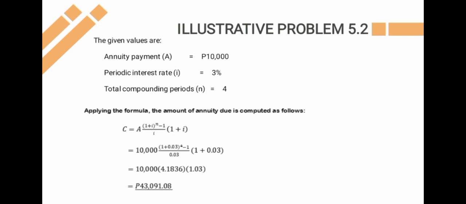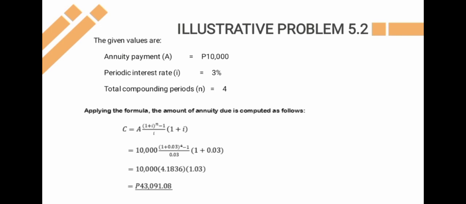So A is 10,000 times the quantity of 1 plus i, 3% or 0.03, raised to 4, where 4 is the total compounding period, n. All over i, which is 0.03, times the quantity of 1 plus 0.03.